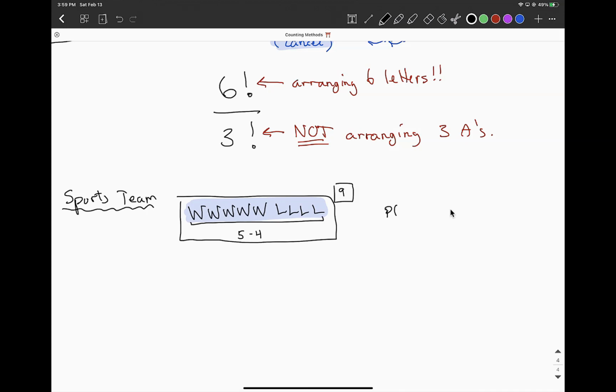Because if I asked you what was the chance that this team won, you would have to say 5 out of 9, because there are 9 things that I'm looking at. Now, in the counting method, that means 1, 2, 3, 4, 5, 6, 7, 8, 9. And this might seem counterintuitive, but I would have to start my countdown from 9. How many things can be first? How many options are there?